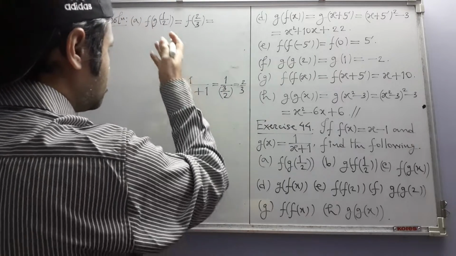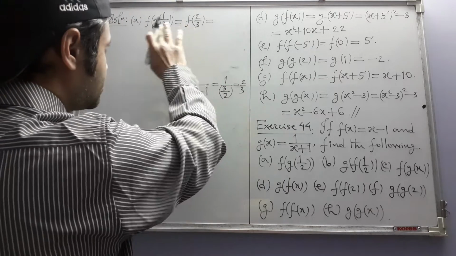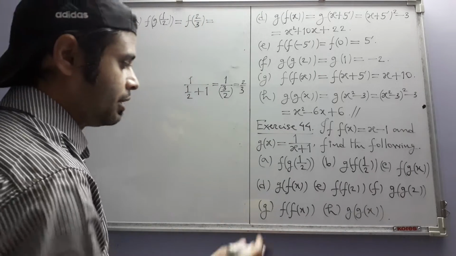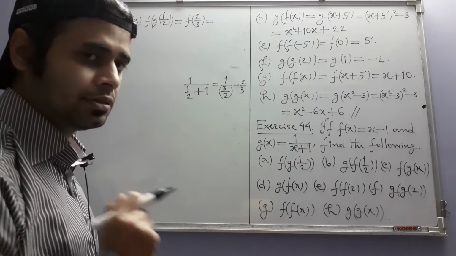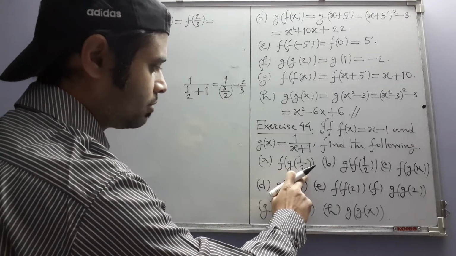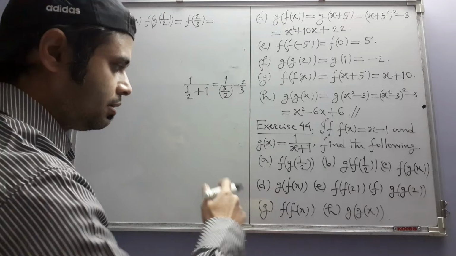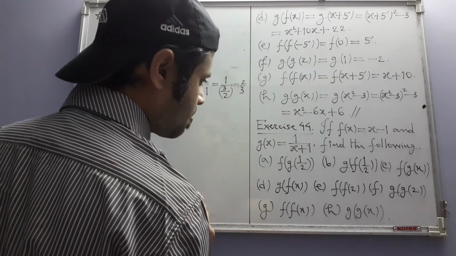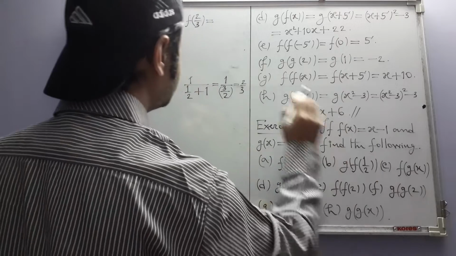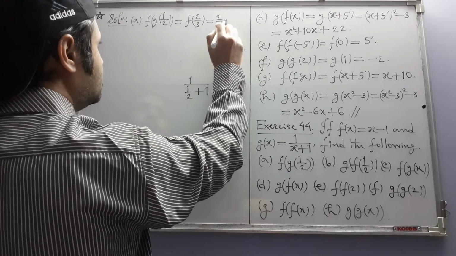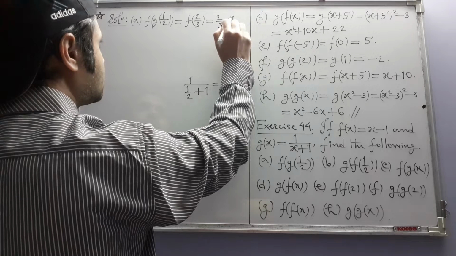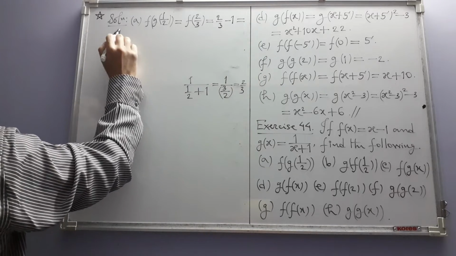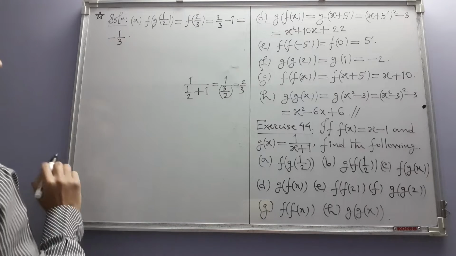If you want, you can show the details here also. Or if you also want, you can calculate it in 2 steps. First you calculate g of 1 by 2, and then f of that you calculate separately afterwards. Okay, then f of 2 divided by 3, and this will be minus 1 over 3.